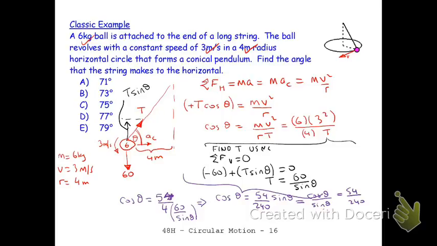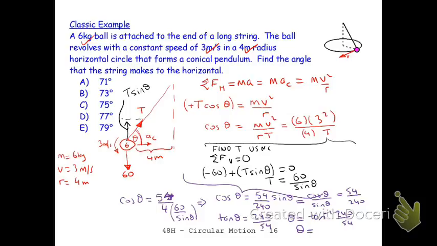And what's a cosine theta over a sine theta? It's going to be a 1 over tangent, isn't it? So tangent theta equals 240 over 54. So theta is equal to tan to the minus 1 of 240 over 54.